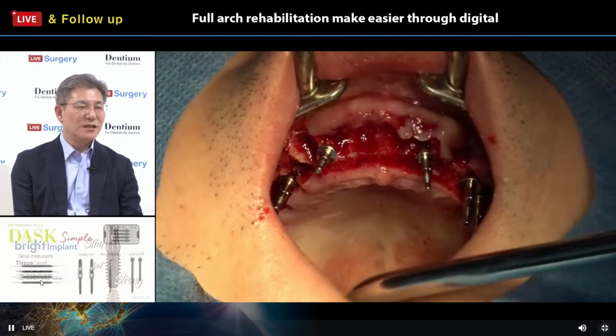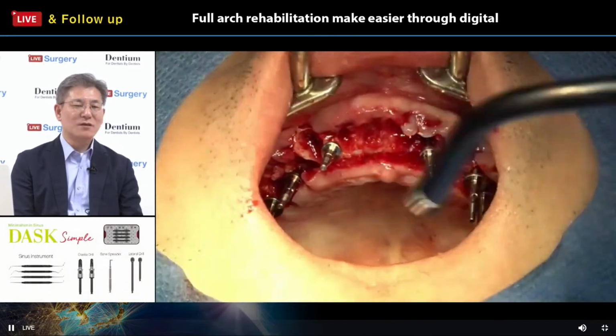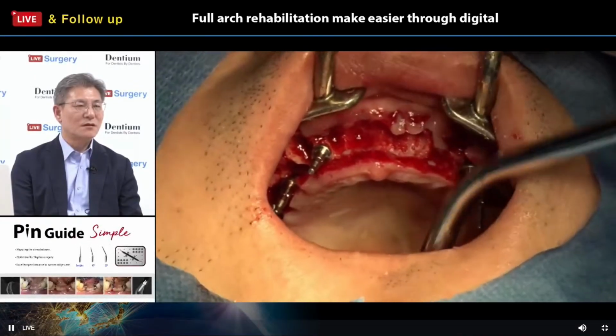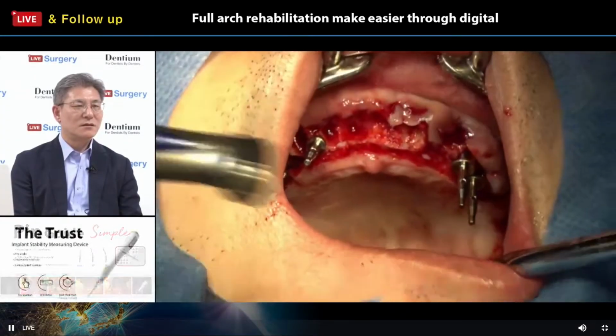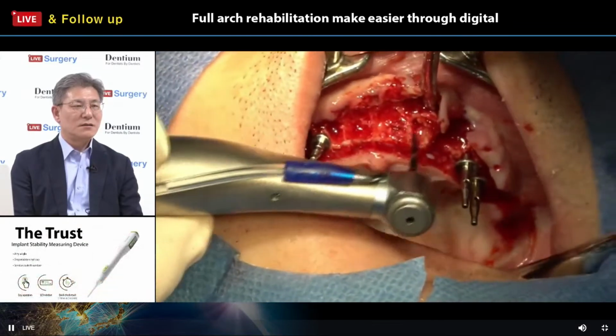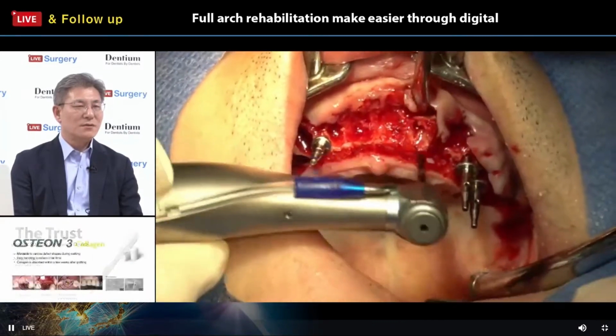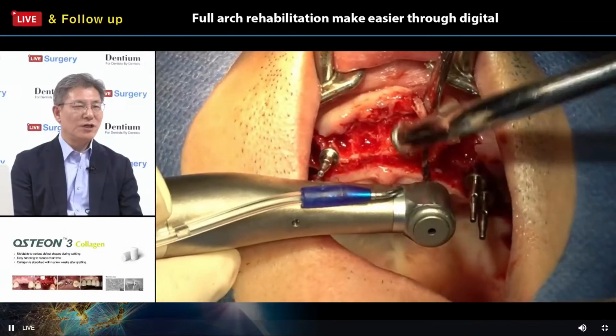Number 14, the same. Between number 14 and 15, the interseptal bone area is chosen for osteotomy. Okay, number 22, 23.